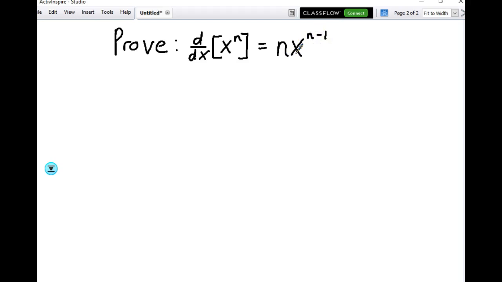Now you guys might notice that looks a little familiar. That was part of our takeaways from our background for this proof. Okay, so let's go ahead and do this.